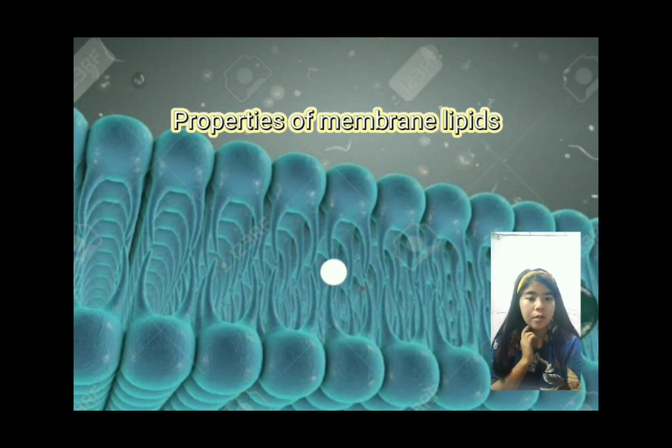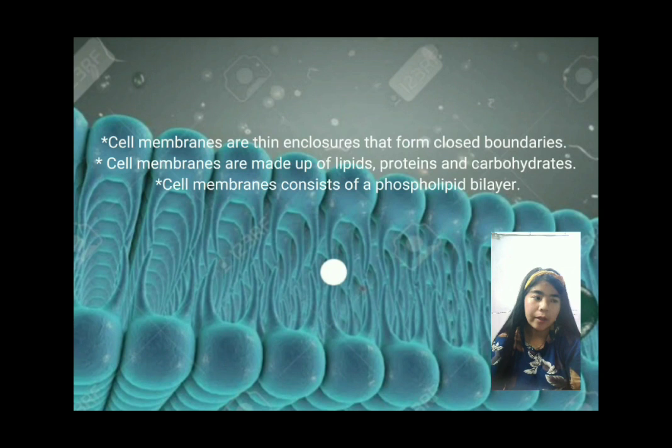The properties of membrane lipids. Part of the lipid is ionic and therefore dissolves in water, while the rest has a hydrocarbon structure and therefore dissolves in nonpolar substances. Number 1. Cell membranes are thin enclosures that form closed boundaries. Number 2.